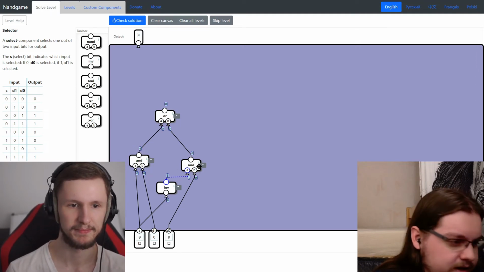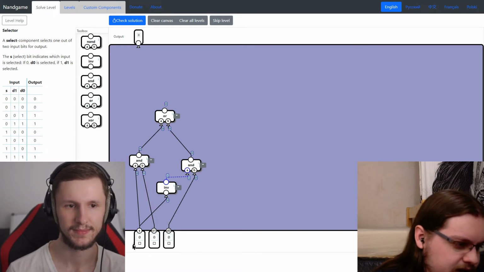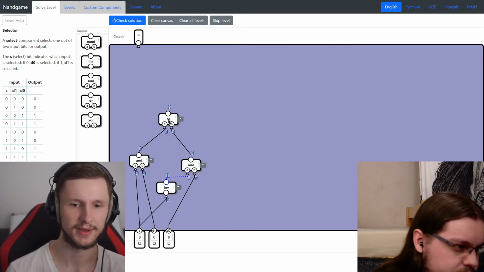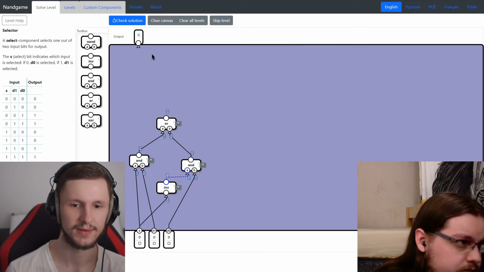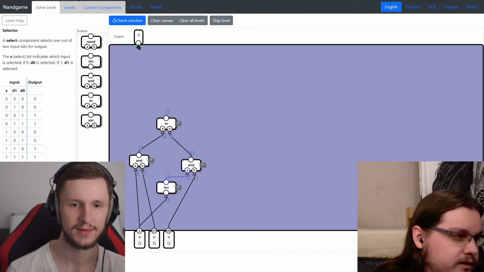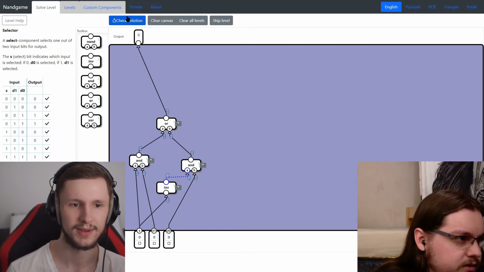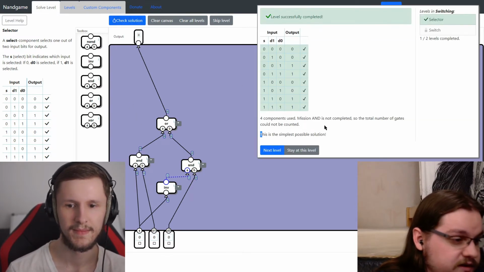And this one outputs 1. Exactly when D0 is equal to 1 and S is equal to 0. So this is basically a multiplexer, what we built here. As a matter of fact, I think it's just a multiplexer by another name. Yep. This is the simplest possible solution.